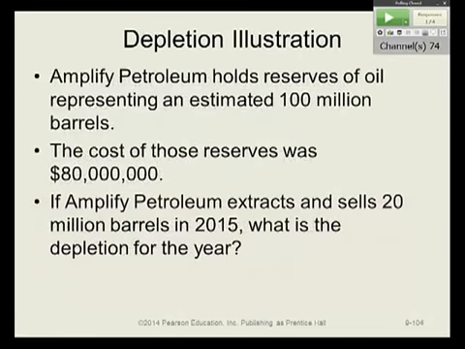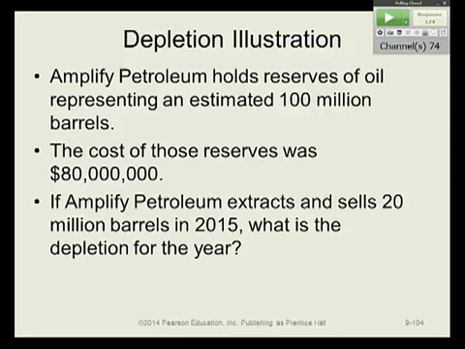The estimation is the 80 million. So in this case, the cost is 80 million. We put this in millions. The estimated scrap value here is 0, and there's 100 million barrels of oil estimated in this example.